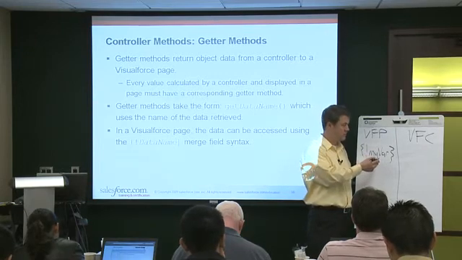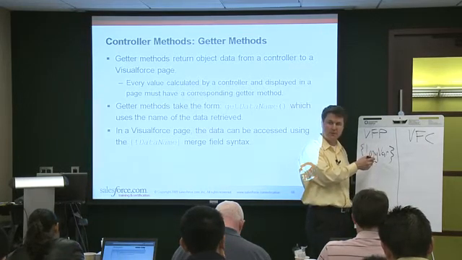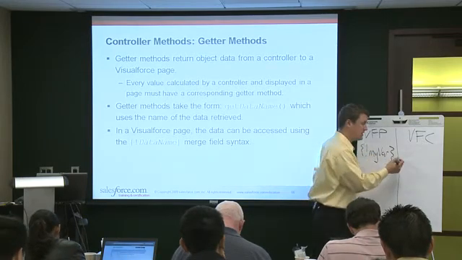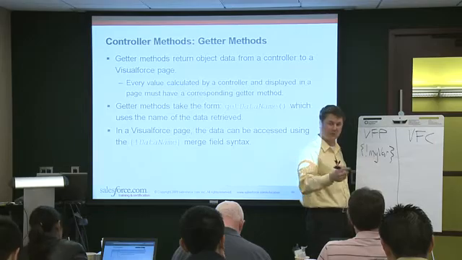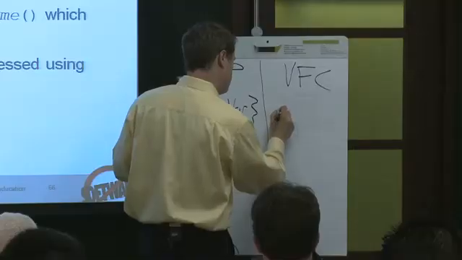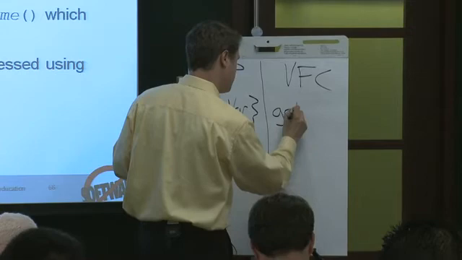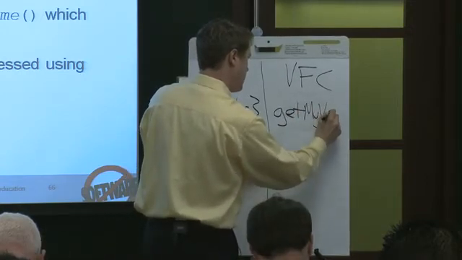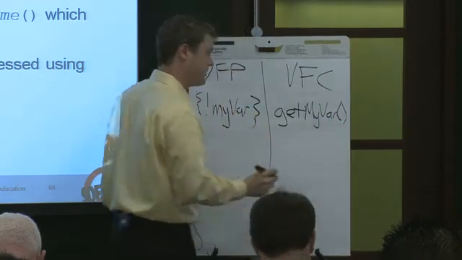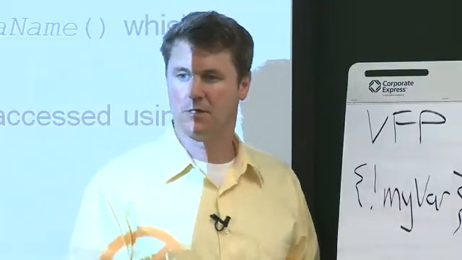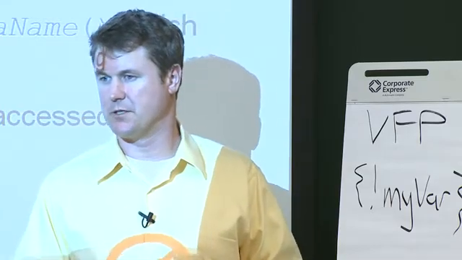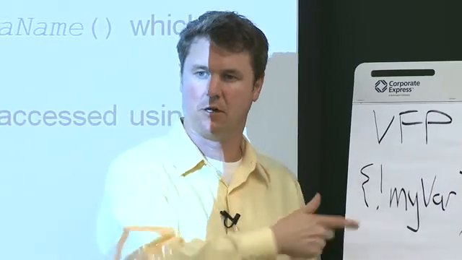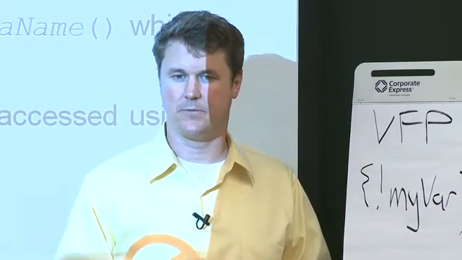When this Visualforce page wants to display the value for this field or this property, I would need a method to handle that request. So over here, I would have a getMyVar method. Upon viewing this page, it's going to call all the getters associated with displaying the data.